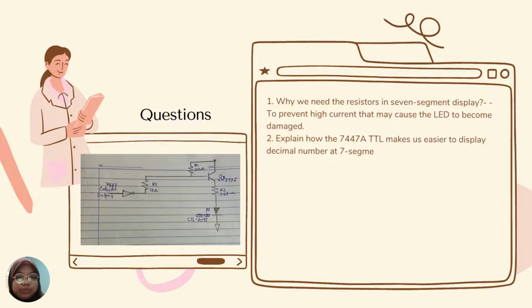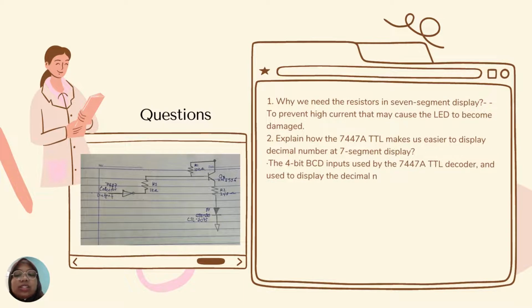For question 2, explain how the 7447 TTL makes it easier to display decimal numbers on the 7-segment display. The 4-bit BCD inputs used by the 7447 TTL decoder, which represent DCBA, will be used to display the decimal number.